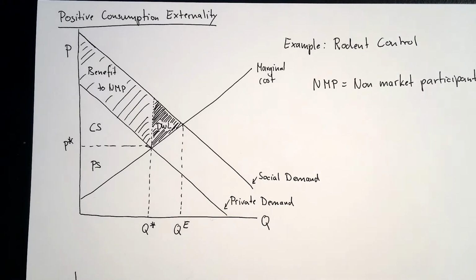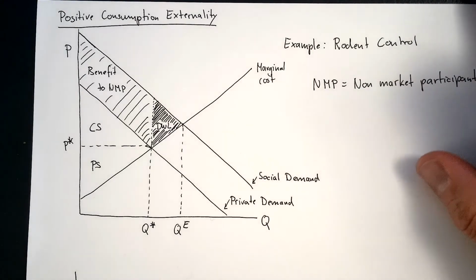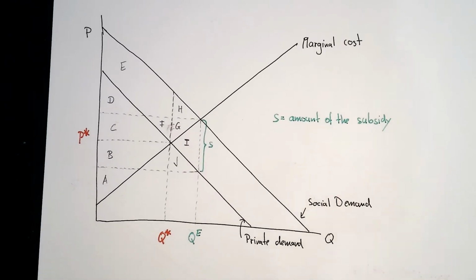Now, in order to explain the consumption subsidy in this case, I have drawn a new figure down here, because it turns out that the explanation is a little bit messy.